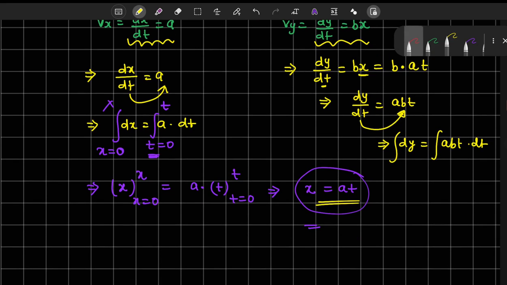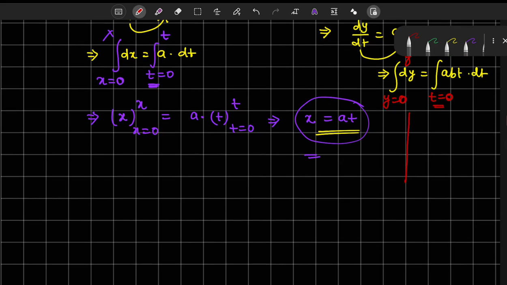Again it is starting from t equal to 0, and at that particular time instant y is equal to 0 because it was at the origin, and at the time instant t, let us say it was at y. Okay, now let us integrate both the sides. We will get y from 0 to y equal to ab times the integration of t, which is t square by 2.